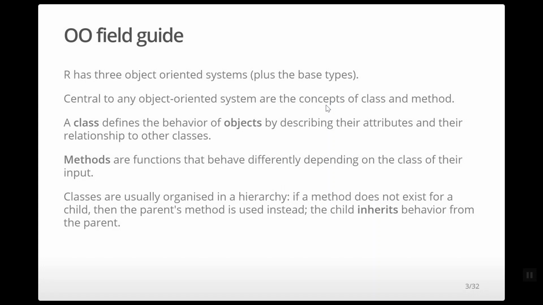But if you create a linear model, like y is a function of x, and you ask summary of this linear model, it prints out kind of like the coefficients and other stuff, right? So that function summary behaves in different ways depending on the object that you give it, okay? And that's what this is all about, right? How do we have the same function behave in different ways, okay?